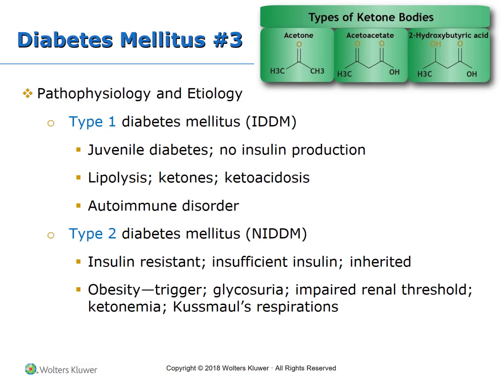So let's recap real quick what the functions of insulin are. Insulin can carry glucose into body cells and make it their preferred source of energy. It can also promote liver storage of glucose as glycogen, and it will stop the breakdown of glycogen back into glucose.